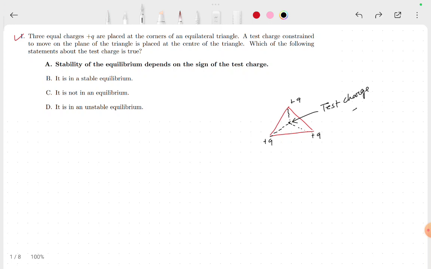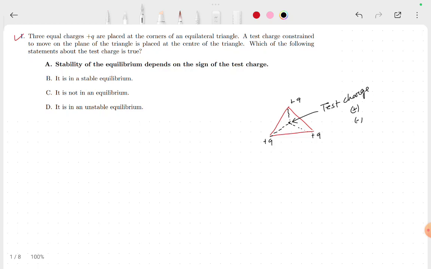The test charge is either positive or negative. Based on the sign convention of this test charge, we deal with this problem.